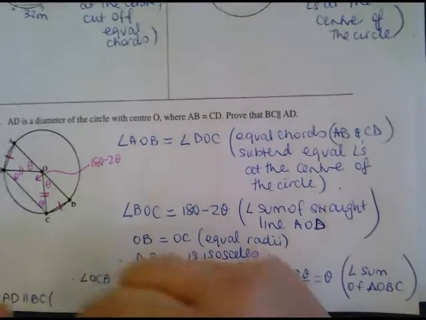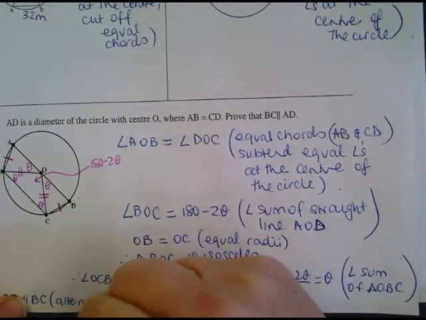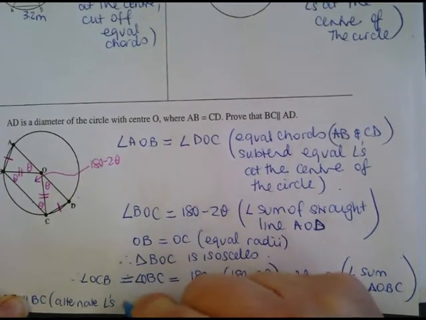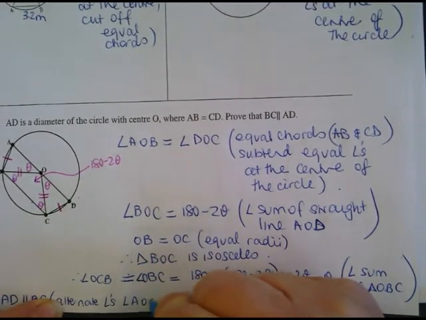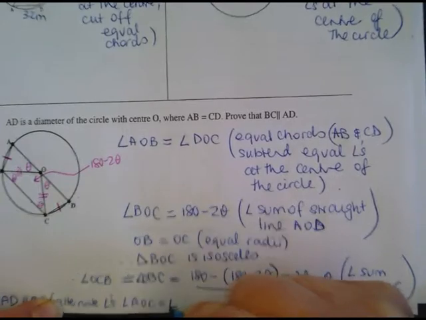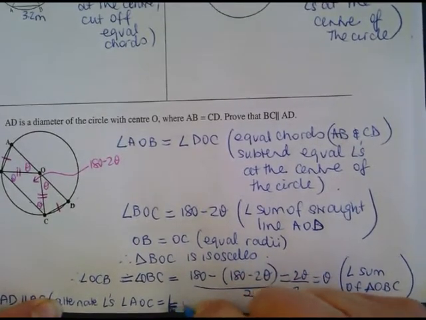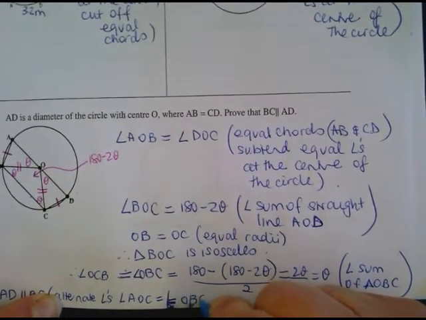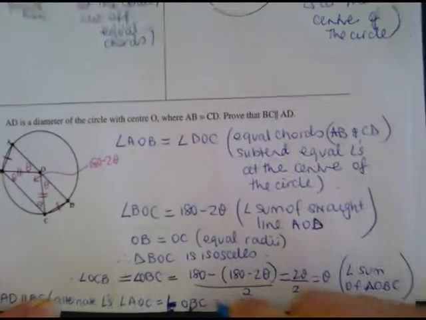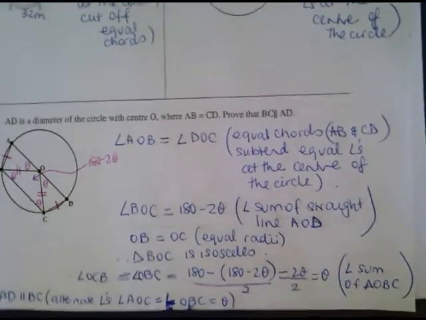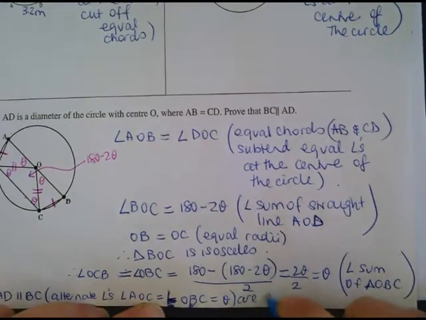Reason: the alternate angles. Angle AOB is equal to angle OBC, equals theta. Alternate angles are equal.